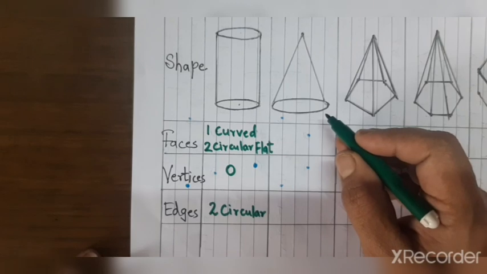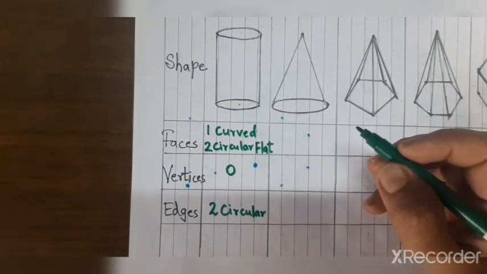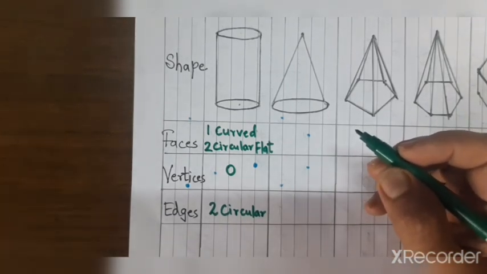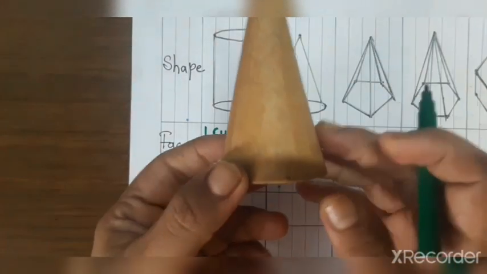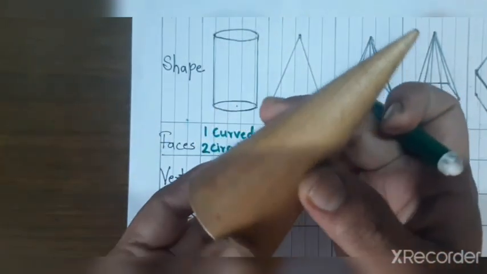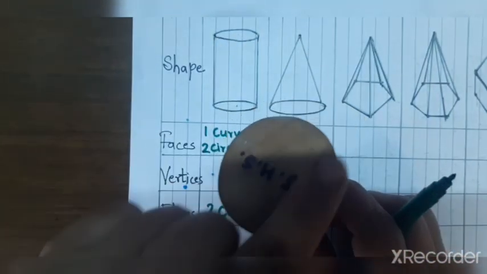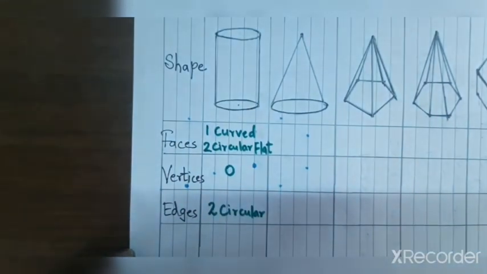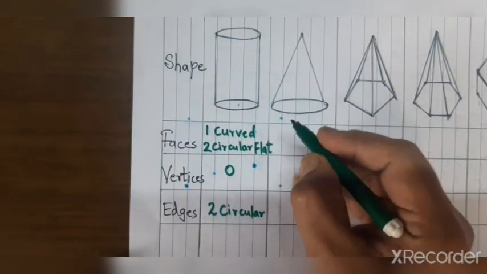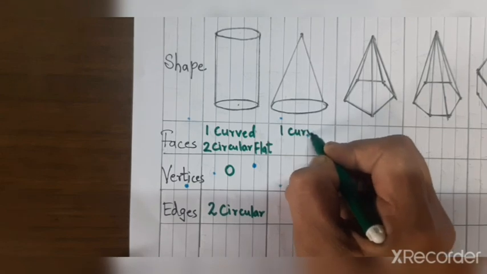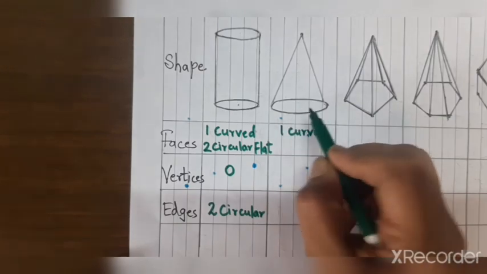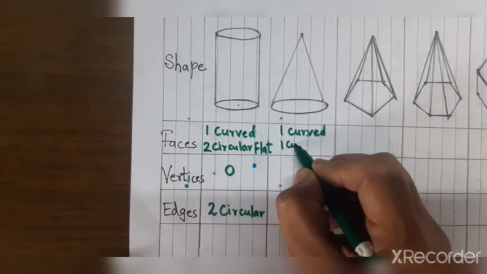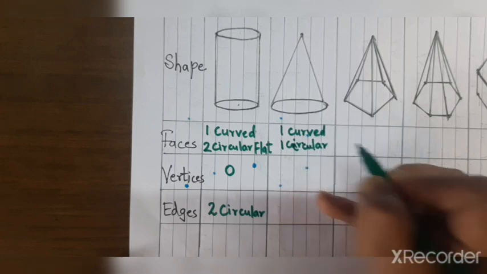Now we move on to the cone. Okay, a cone, if you see, it has one curved and one flat. I had shown you the shape of an ice cream cone. It has one curved and one which is circular and flat. Okay, so we need to mention it differently, that is one curved face we have and one which is a flat face.